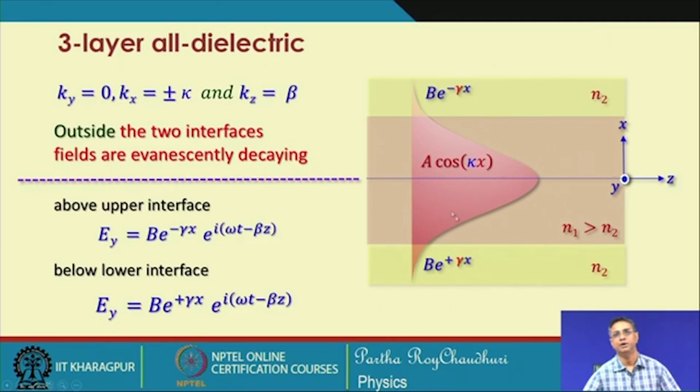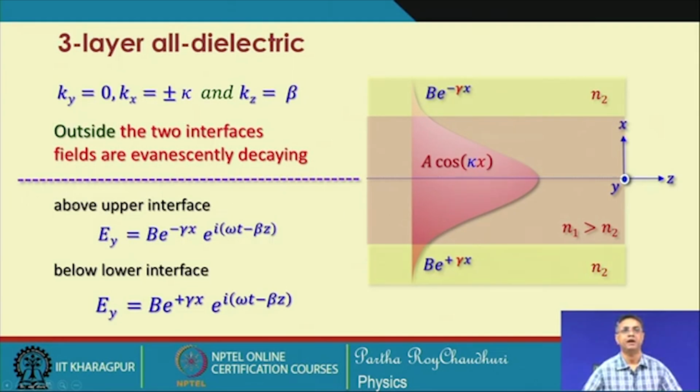Let us suppose the wave which is reflected from here and the wave which is reflected from here, they are out of phase by pi by 2, then this cosine of kappa x will now become sine of kappa x, and since all such waves are possible, it will in general be a superposition, a cosine kappa x plus b sine kappa x. So, inside you will get all possible variations, and this is what we call the mode of the structure.